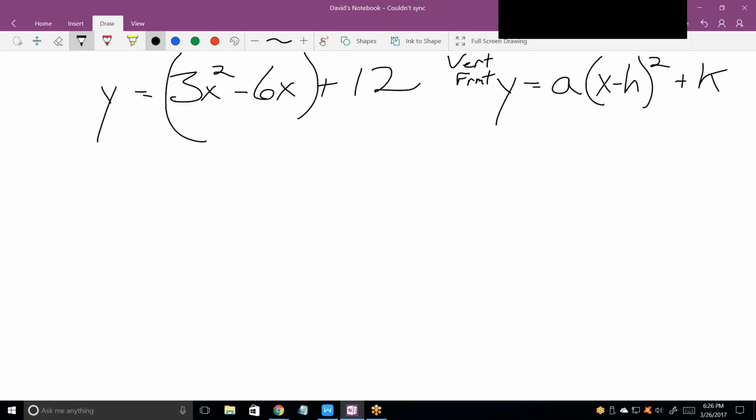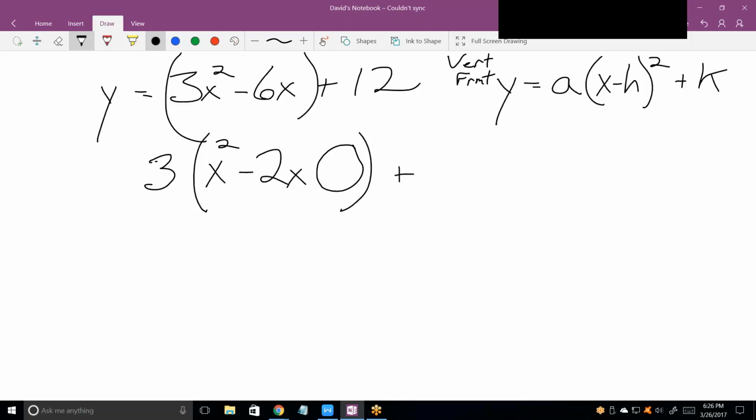So the way I get it is to factor out the 3, leaving this. Then I'm going to leave room to complete the square. I'm going to complete the square in this area right here. And I still have my plus 12.